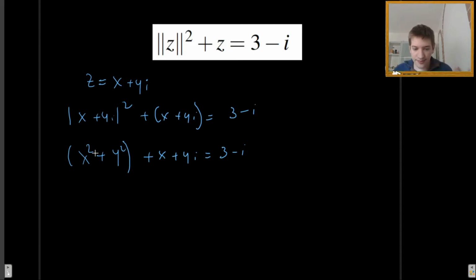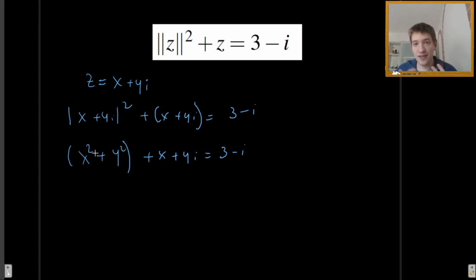And if you have x plus yi, something that doesn't have an i, you cannot ever combine it with something that has an i by addition. So if in this equation we have a bunch of things that are real and a bunch of things that are imaginary, you can't put them together. It's not like 2 plus 3 is 5. You can't do that. 2 plus 3i is not 5 and it's not 5i. You cannot combine them.